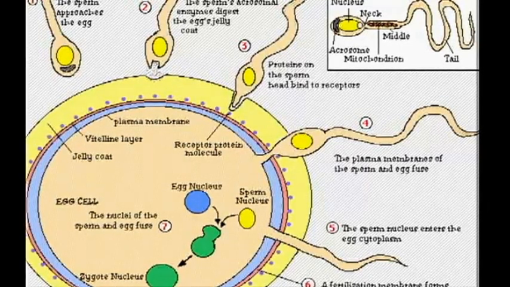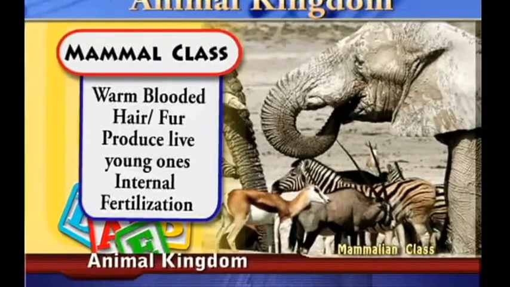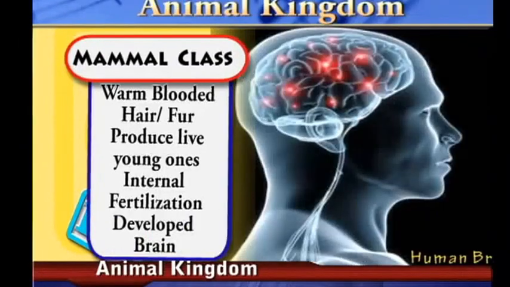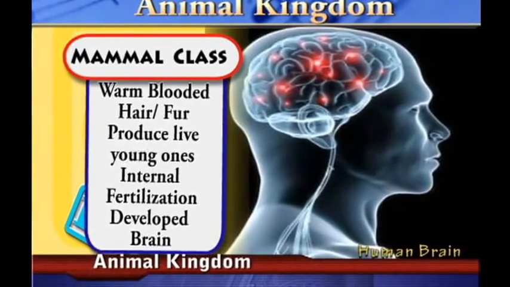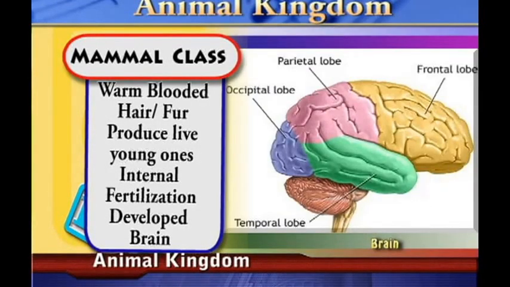All organisms in the mammalian class have a well-developed brain. The brain of mammals is well developed compared to other organisms.